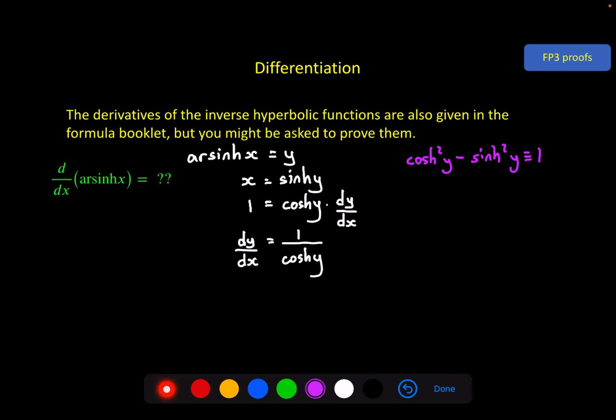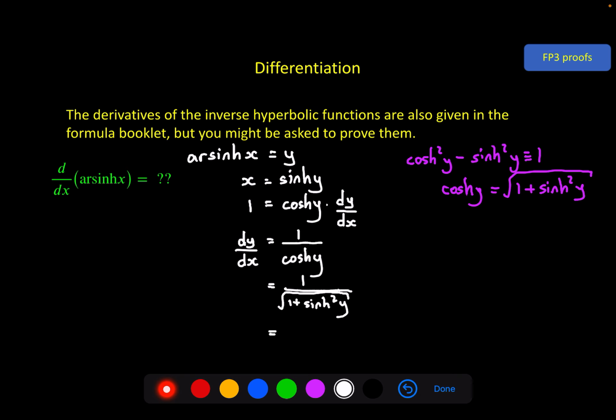In this case, if I rearrange, I get cosh y is equal to the square root of 1 plus sinh squared y. And I'm not going to put a plus minus on that for reasons I'll talk about in a few minutes. So cosh y, I can replace that with the square root of 1 plus sinh squared y.